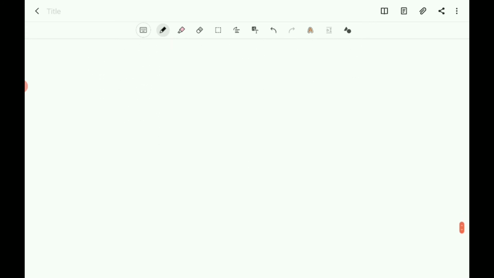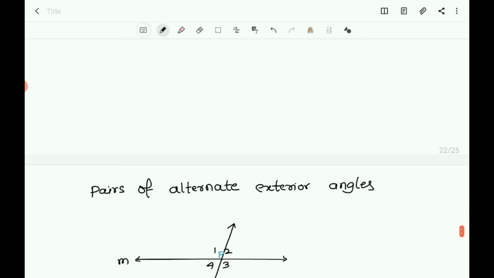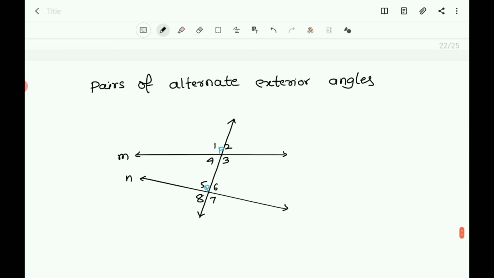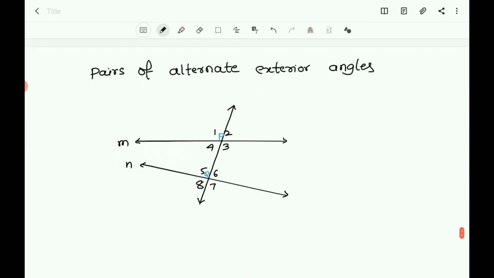Now let us go to the next pair of angles, that is pair of alternate exterior angles. Here the angles must be exterior angles, and one angle is above one line and the other angle below the other line, but they must be on either side of the transversal, not on the same side.